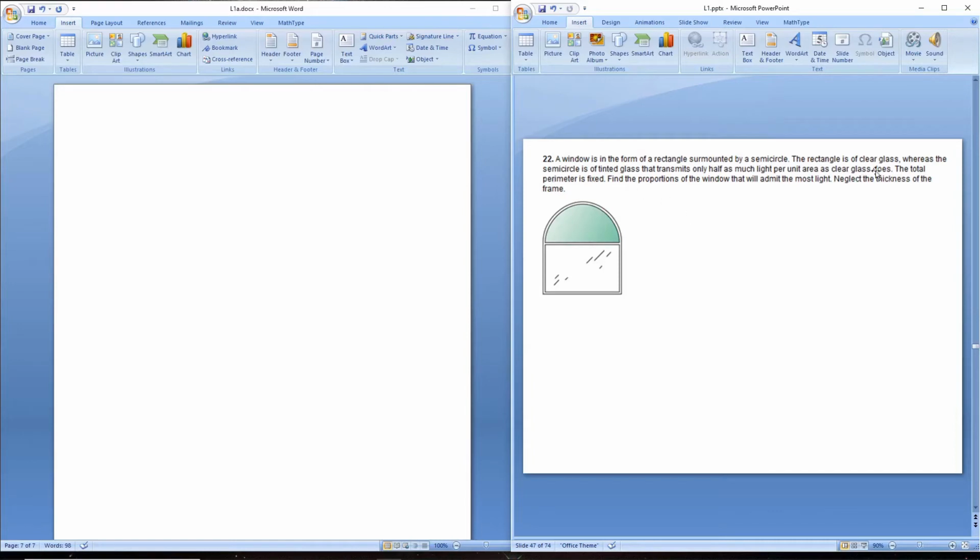And it says the total perimeter is fixed. So this total distance around the window, that's a fixed number. And it wants us to find the proportions of this window that will admit the most light. And it says neglect the thickness of the bars of the window here.